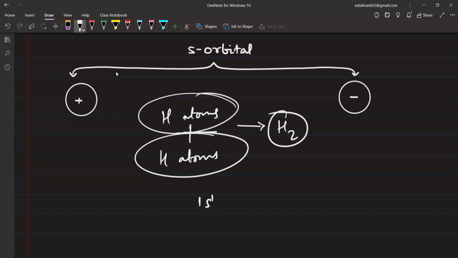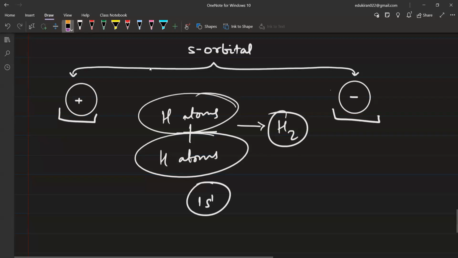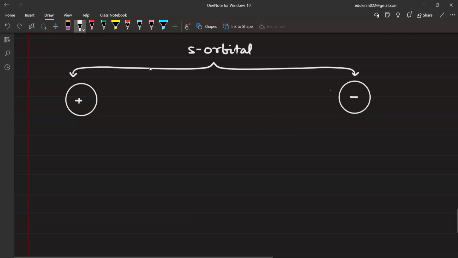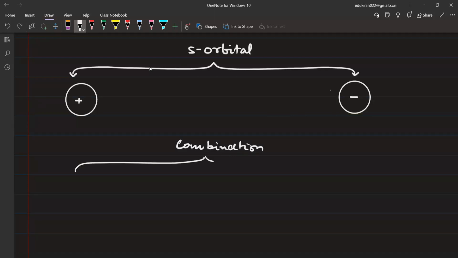Because hydrogen has electronic configuration 1s1, we have only the 1s atomic orbital which is going to combine, and half of them, according to the probability, will be in positive phase, half of them will be in negative phase. That means there are two possibilities while combining. When the combination of atomic orbitals is happening, phases can be same or phases can be different.